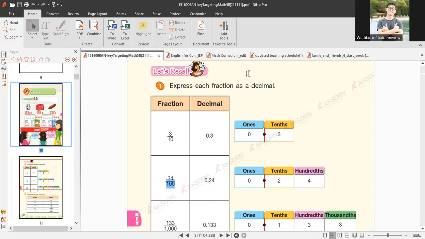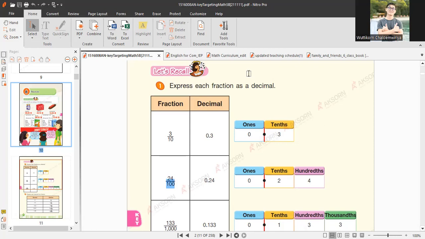Let me tell you something to make it easy for you to write it. Denominator is 100. How many zeros does 100 have? 100 has 2 zeros.